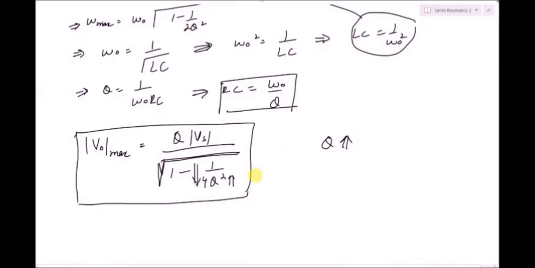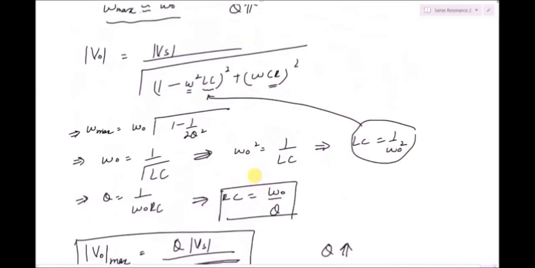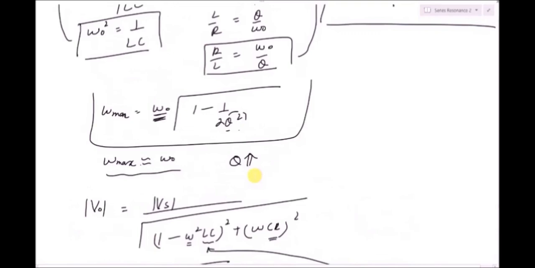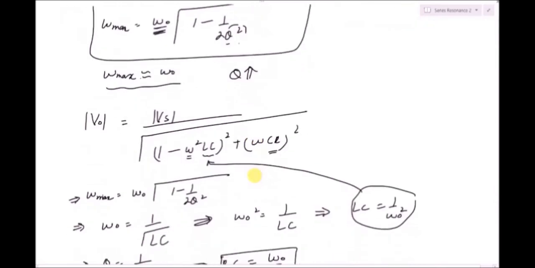We have found the formulas for the maximum frequency and also for the maximum voltage across the capacitor, and we have proven that it does not occur at omega naught; it is some other value of the frequency at which the maximum voltage occurs across the capacitor.